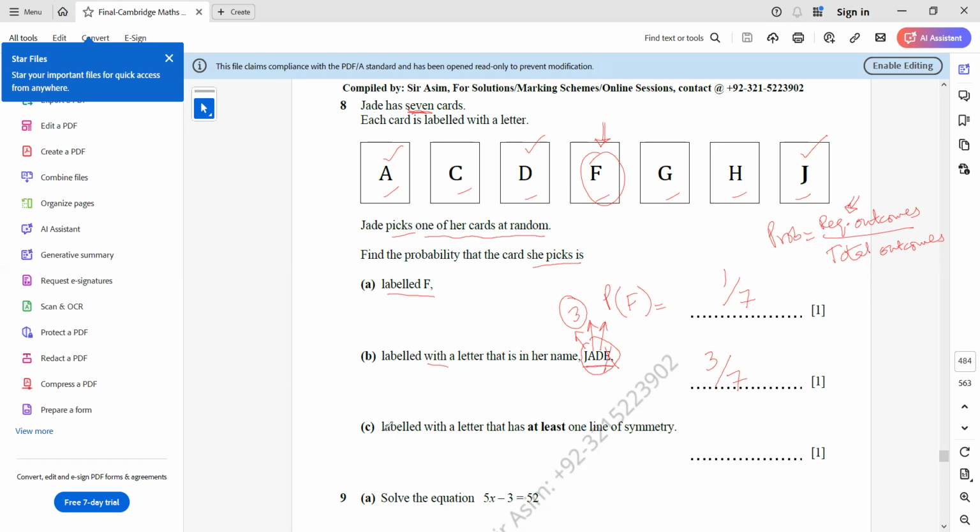Okay, then part C, labeled with a letter that has at least one line of symmetry. At least means greater than or equal to 1. If it has got only one line of symmetry, we are interested, or if it has got more than one line of symmetry, then we are interested.